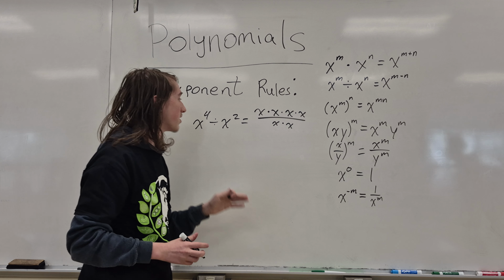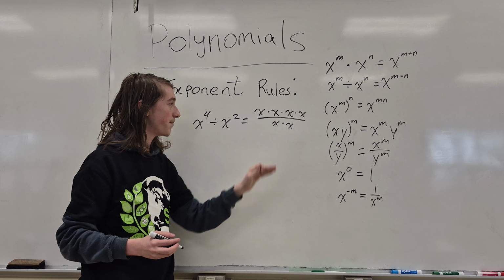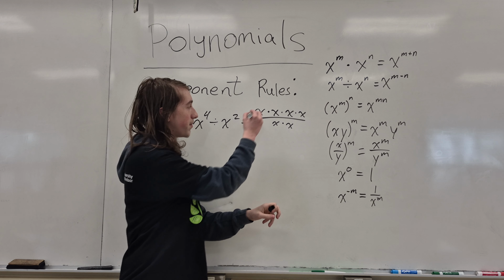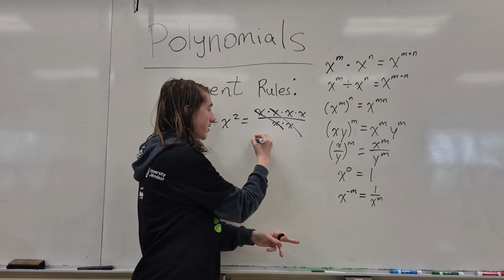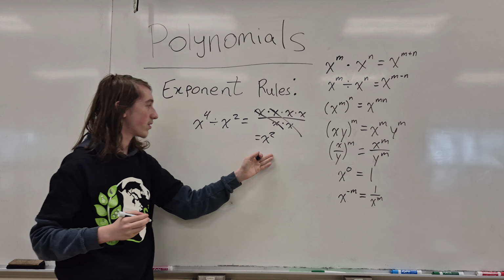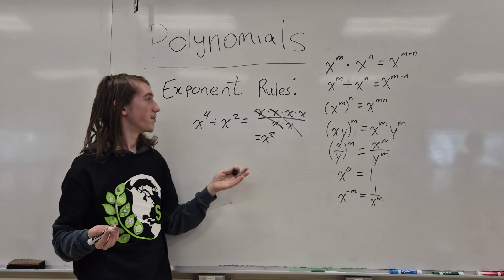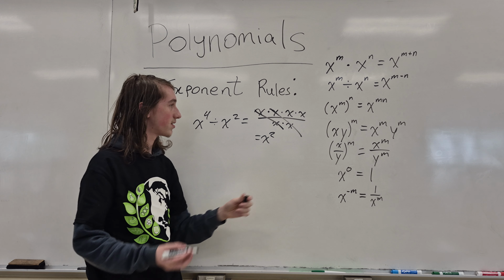So if you think about it this way, it's x to the 4, which is 4 x's, and x to the 2, which is 2 x's, and they're divided. Because you have the same variable on the top and bottom, you can cross them out, and now you know that x times x is going to be equal to x squared. So even though I didn't actually use the exponent rule, it still worked out. Or if you just remember the exponent rule, 4 minus 2 is 2. So that's how you get x squared here.